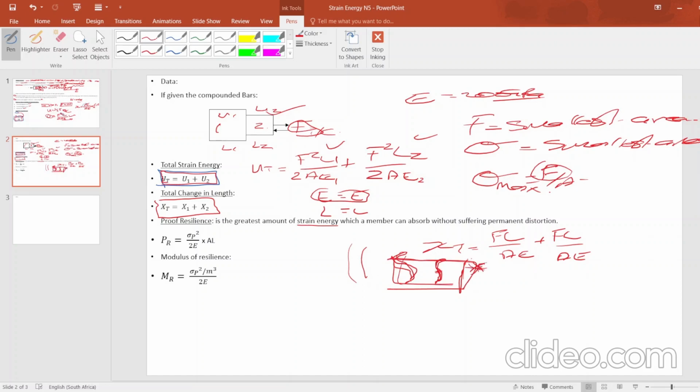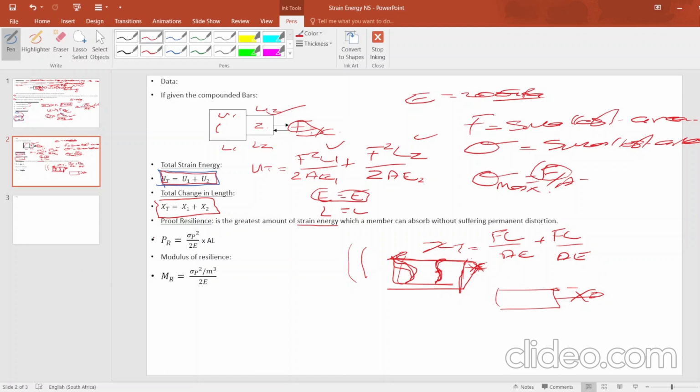That is why immediately when you remove the force, the material goes back to its shape and size. It's not like electricity, the capacitor, whereby it stores energy.